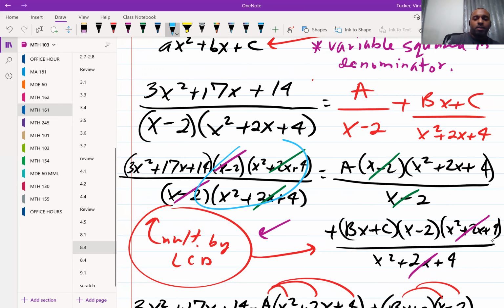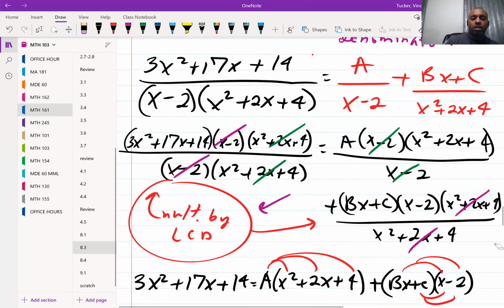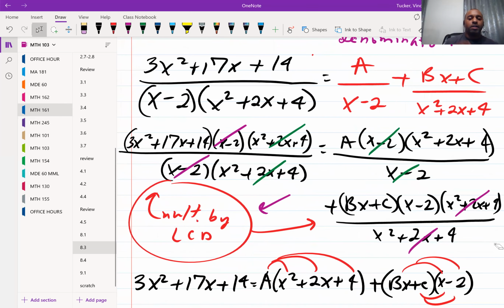So that makes all of this cancel, leaving us with just 3x squared plus 17x plus 14. These two pieces cancel, x minus 2. And so that's just A times x squared plus 2x plus 4. And then this cancels, and it leaves you with Bx plus C times x minus 2.